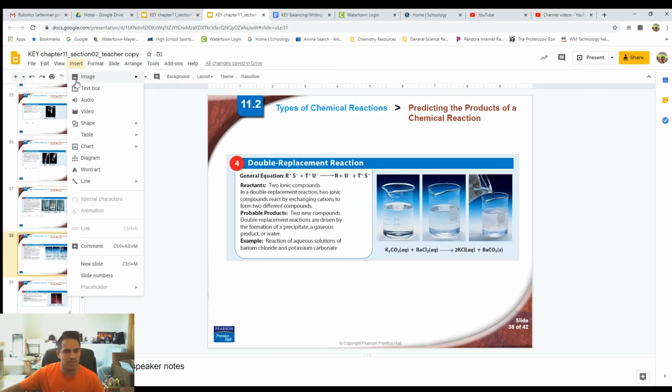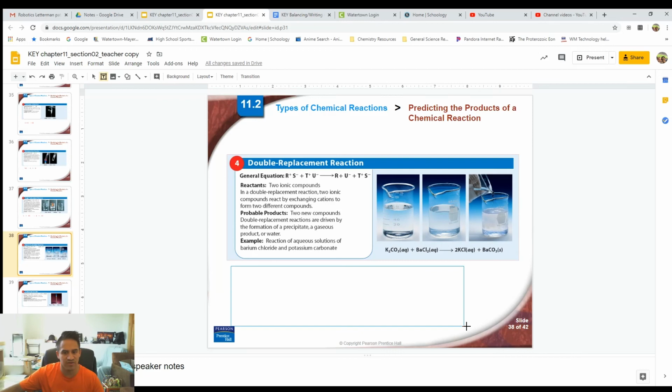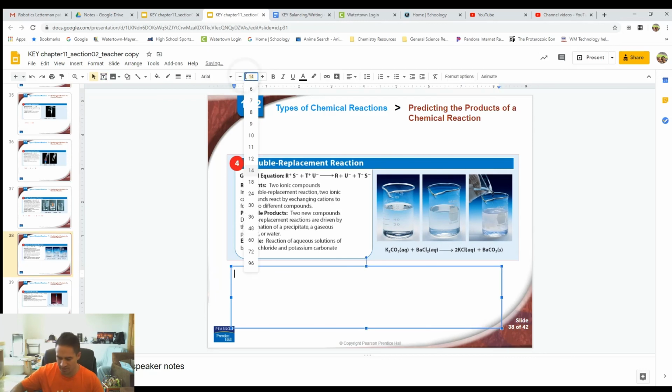And then for double replacement, we have a general formula that's going to look something like this. So we have AB plus CD, and A and C are going to swap. So A is going to be bonded with D in the products, and C will be bonded with B. Okay, that's our general formula for double replacement reactions.